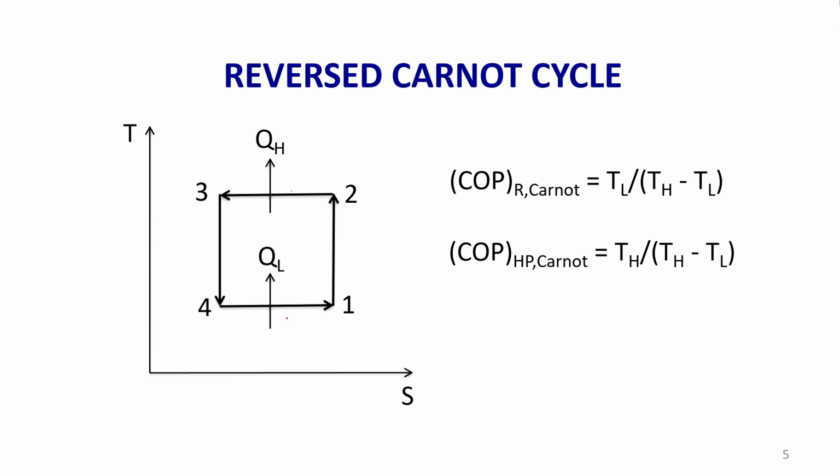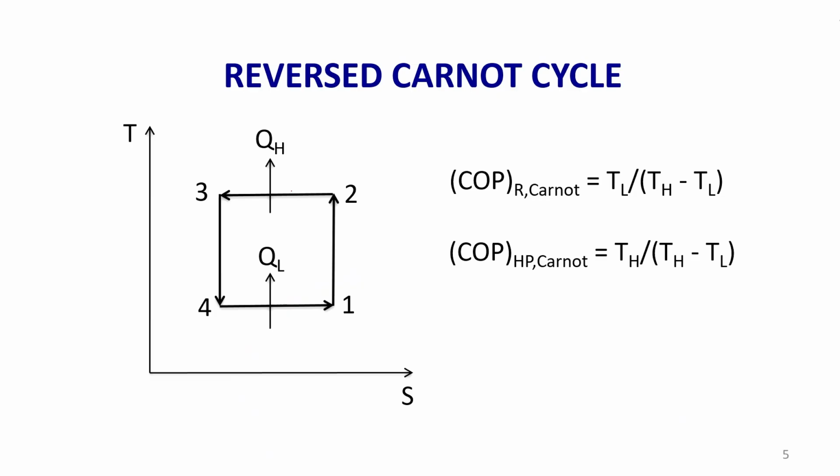So here this is the amount of heat supplied and this is the amount of heat rejected. 2 to 3 and 4 to 1 are isothermal processes. So these are the processes as per the reversed Carnot cycle: two perfect reversible adiabatic, isentropic processes, where entropy at 1 is equal to entropy at 2. Similarly, entropy at 3 is equal to entropy at 4.